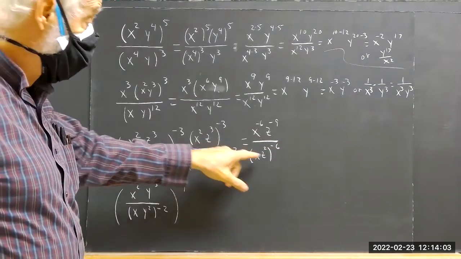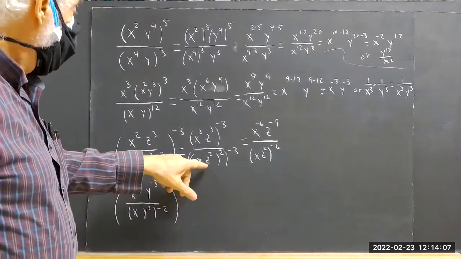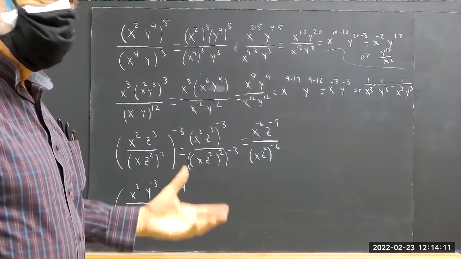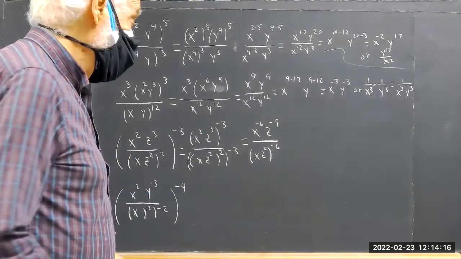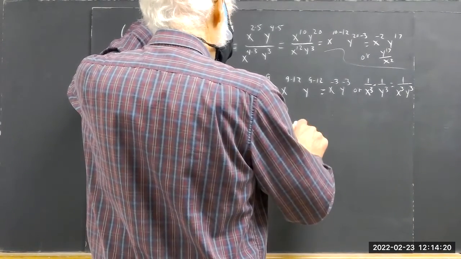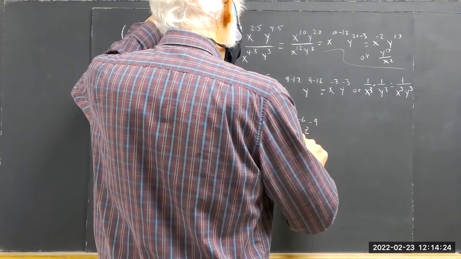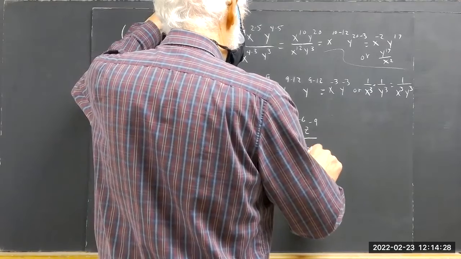So these two powers give us a negative 6 there. Most of you probably got x squared z to the 4th to the negative 3. Well, it comes out the same. It's really your choice of which order you multiply the powers. Okay, so we have x to the negative 6, z to the negative 9, over x to the negative 6, z to the negative 12.